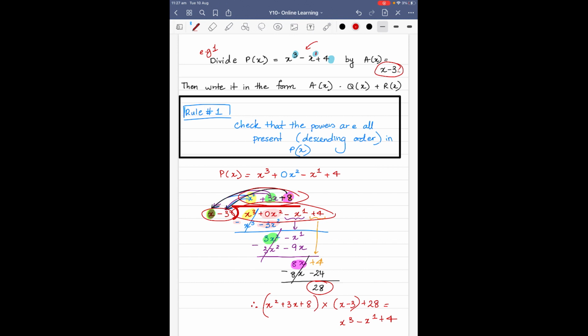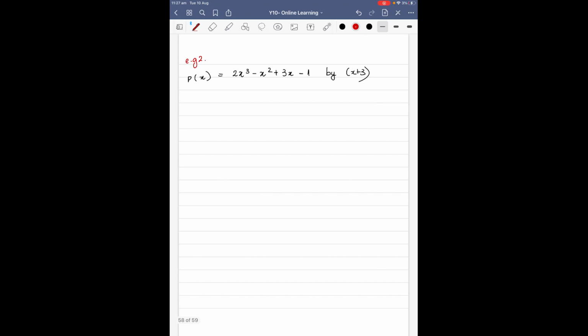Cool. Now some of you guys might be pretty confused because long division is hard to process. So let's do one more example before you head on and try your questions. So let's have a look at this example again. Always check for your powers.